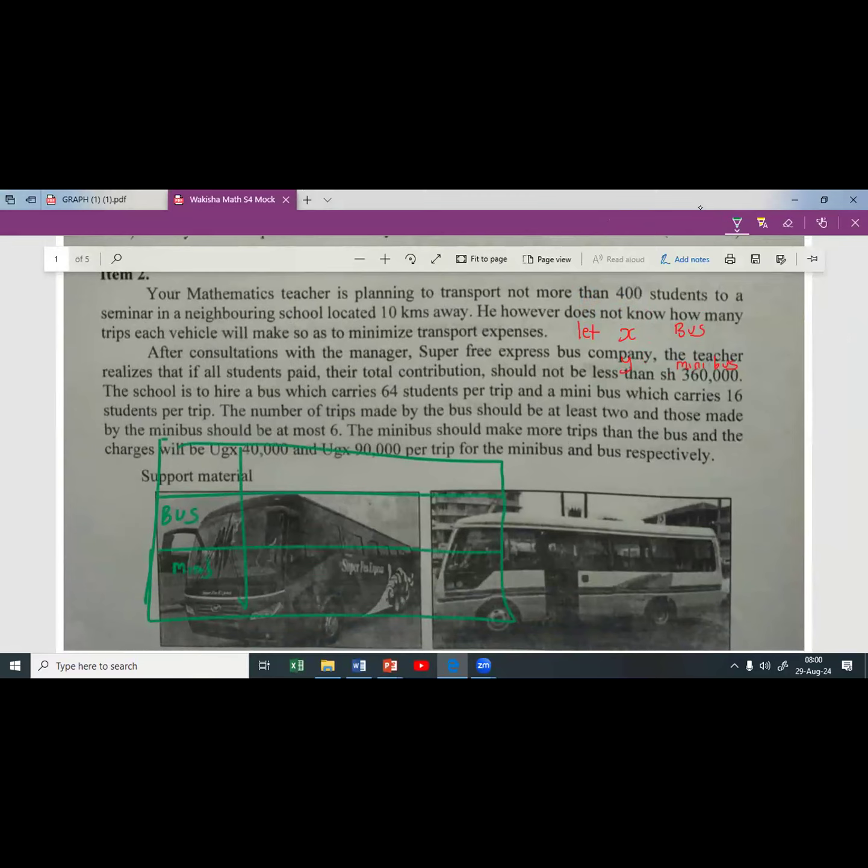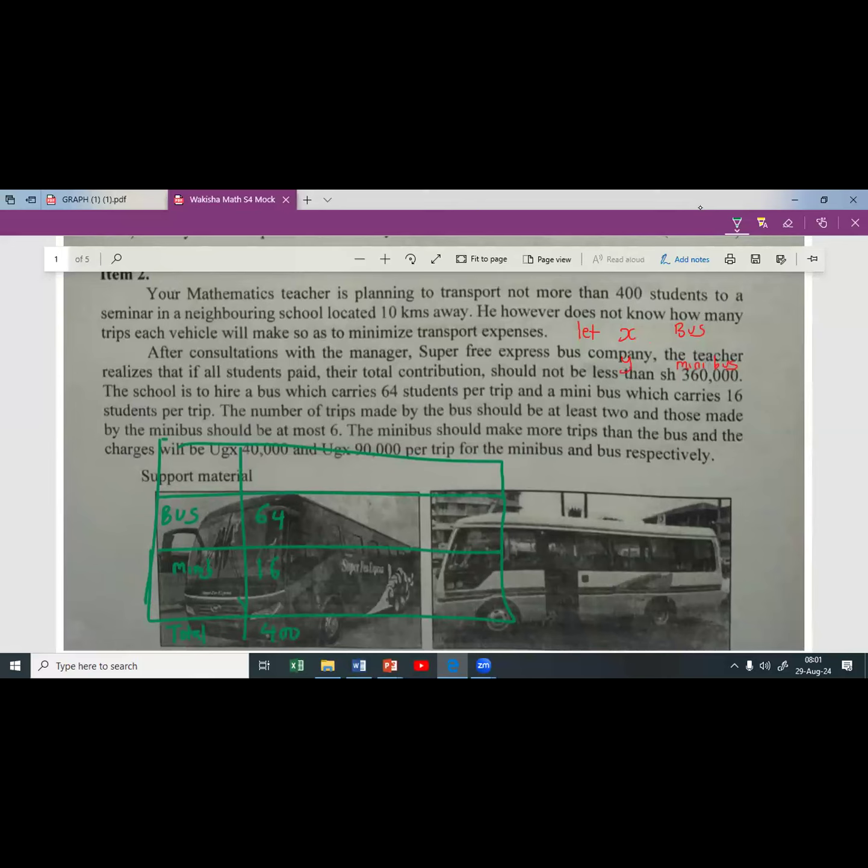The school is to hire a bus which carries 64, so where there is a bus, I put 64, and a minibus which carries 16. Then I ask myself, what is the total number that want to go for the trip? It is 400.